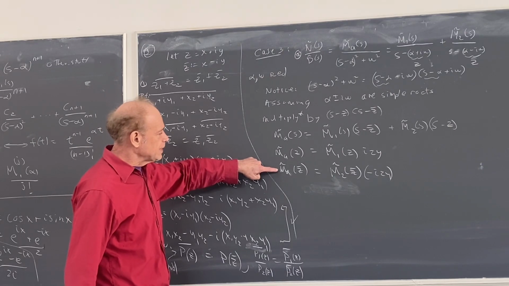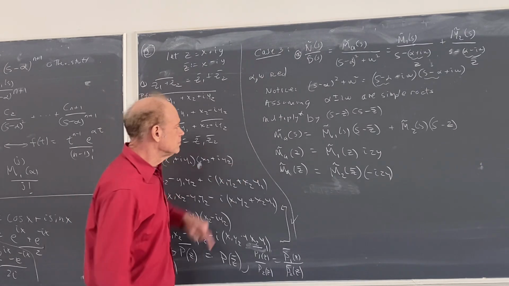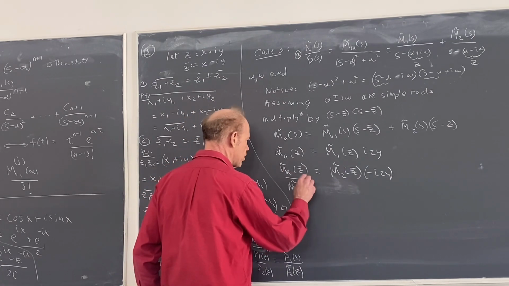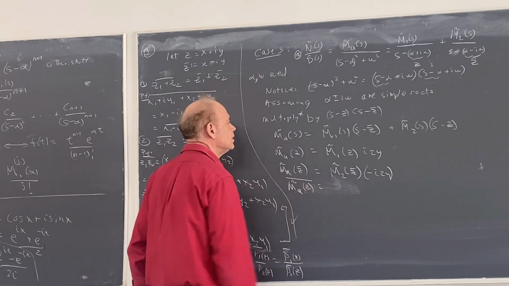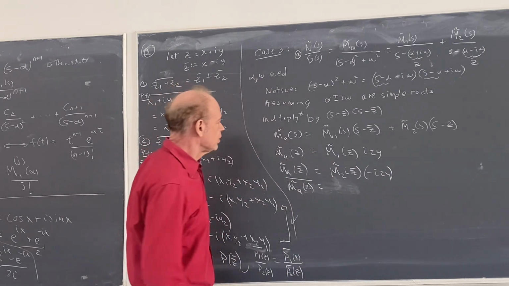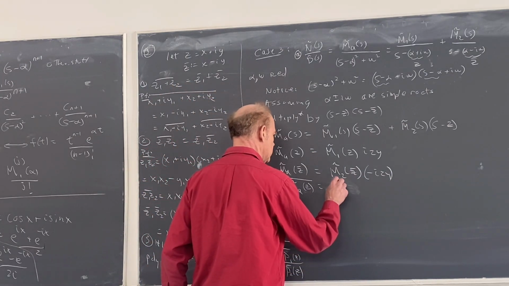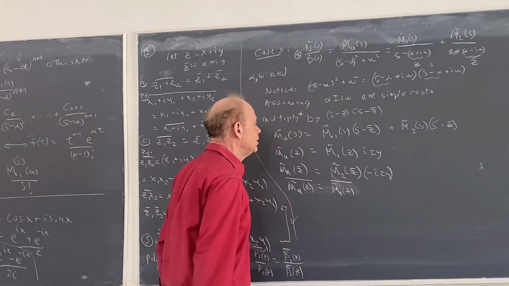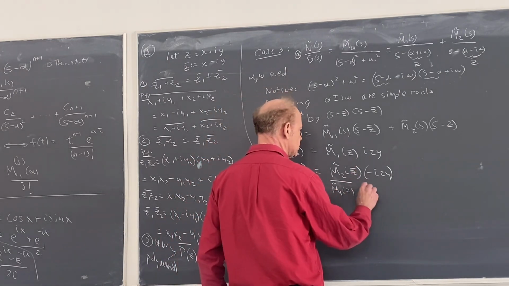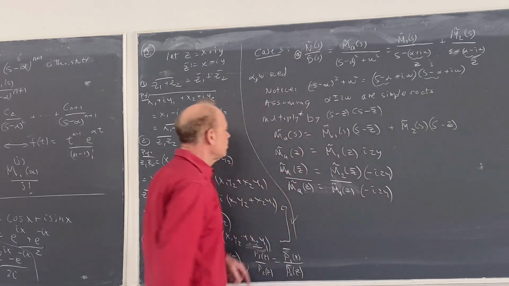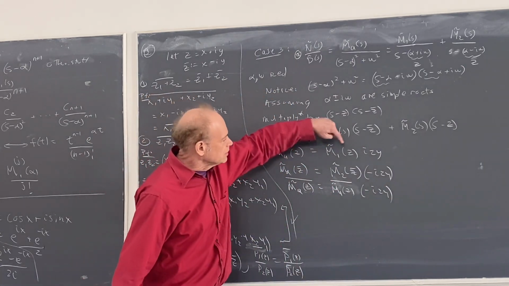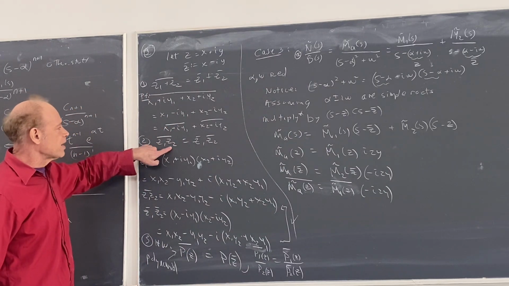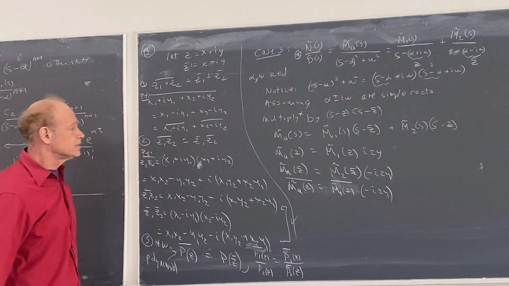So I'm going to take the complex conjugate of this guy, MA tilde bar of Z. And that's the complex conjugate of this, which is M1 tilde of Z quantity bar, times the complex conjugate of this, which is minus 2iy. Because the complex conjugate of the product is the product of the complex conjugates.